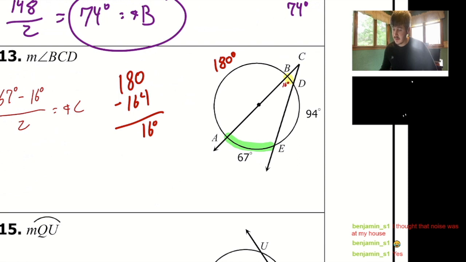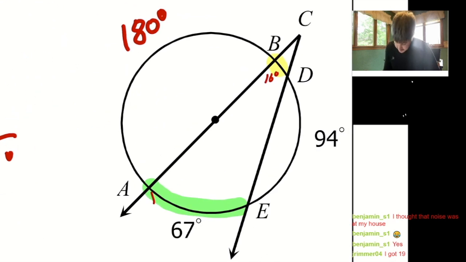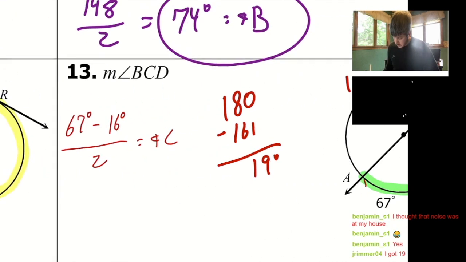I think I did. I don't think this is 164. I'm going to recalculate that. It's 161. Which makes this 19 degrees. So that makes this 19 instead of 16.